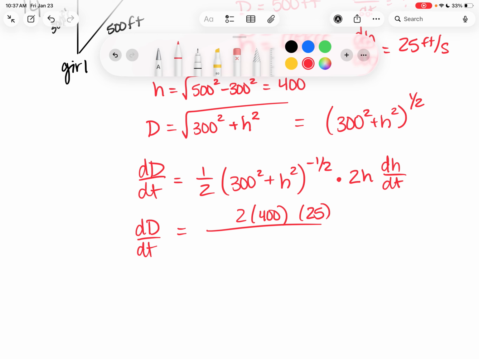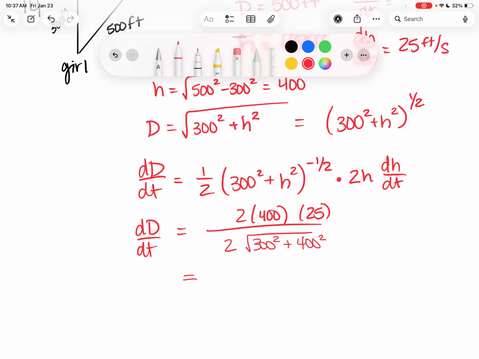On the bottom, we would have the 2 and then the square root of 300 squared plus 400 squared. So that means on top we've got 800 times 25.